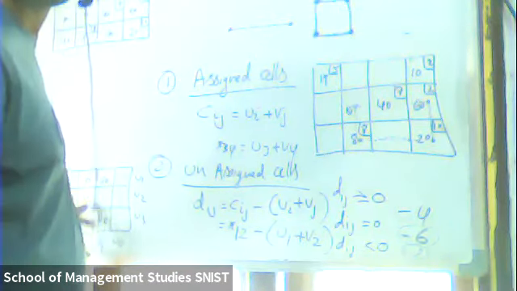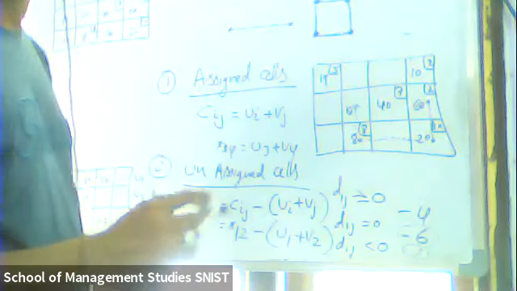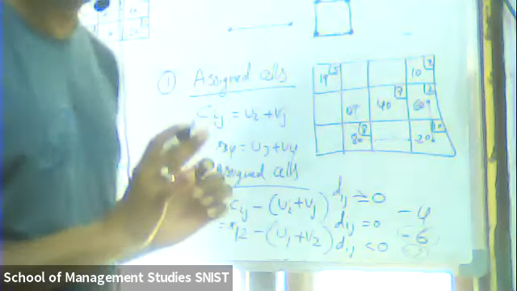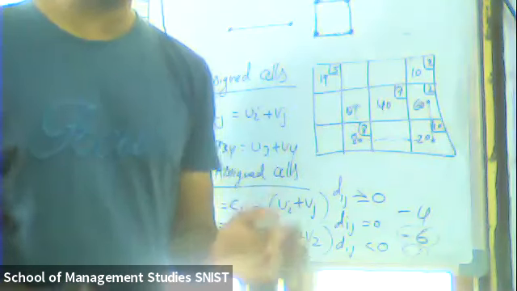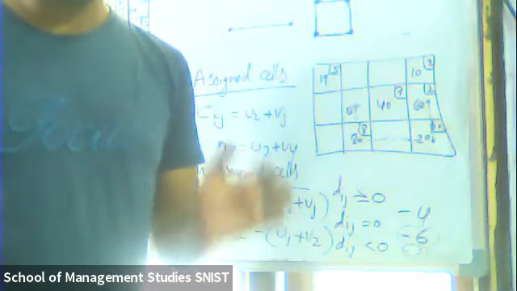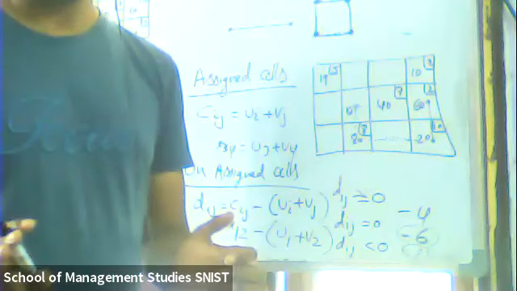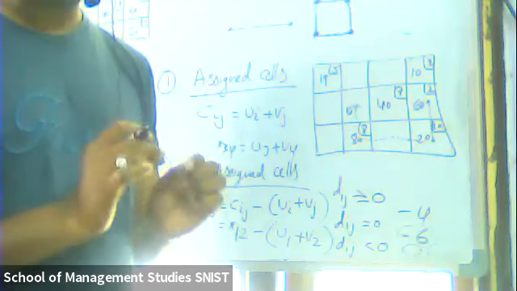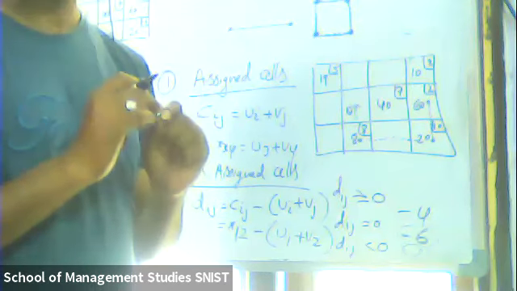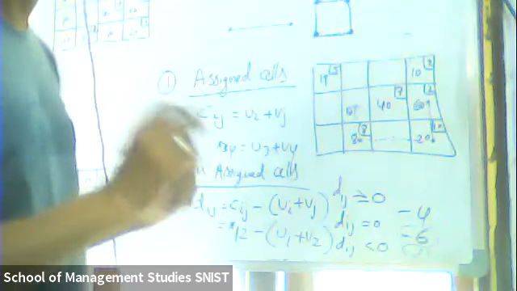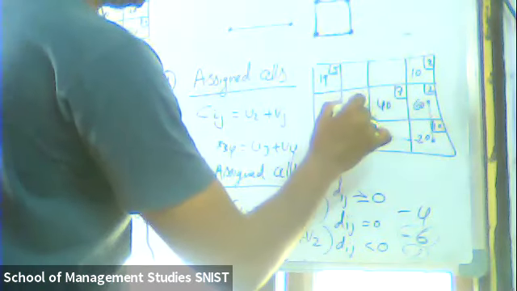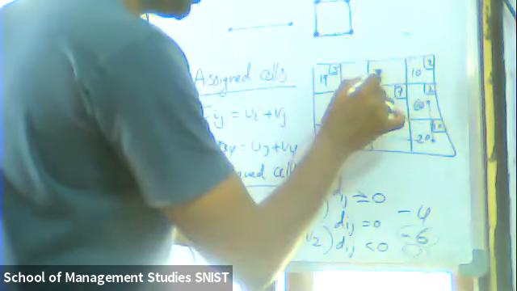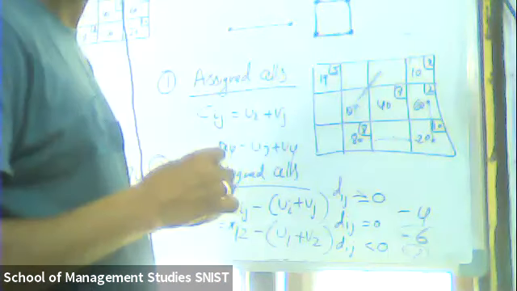Now how to construct a loop? Listen carefully. The loop has to end with an assigned cell. This is basic. And one more thing, the loop has to go either vertically or horizontally. It may not go cross like this.